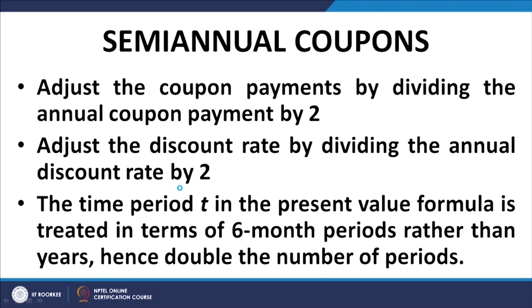So, that is the second thing. And then thirdly, the discount rate also needs to be halved, because for the same reason as the coupon rate, market interest rates are also usually expressed by doubling the half year rates.